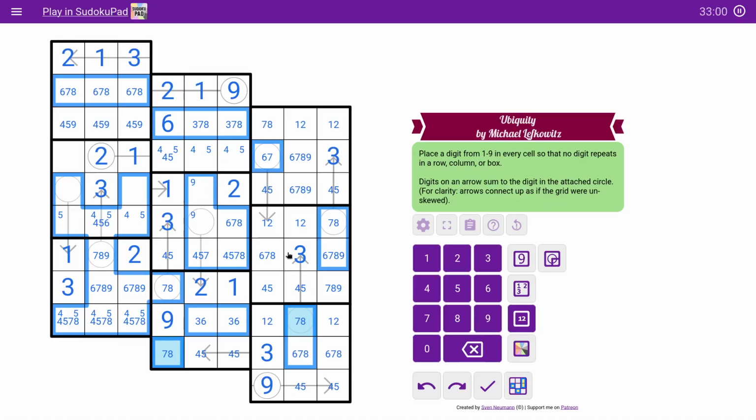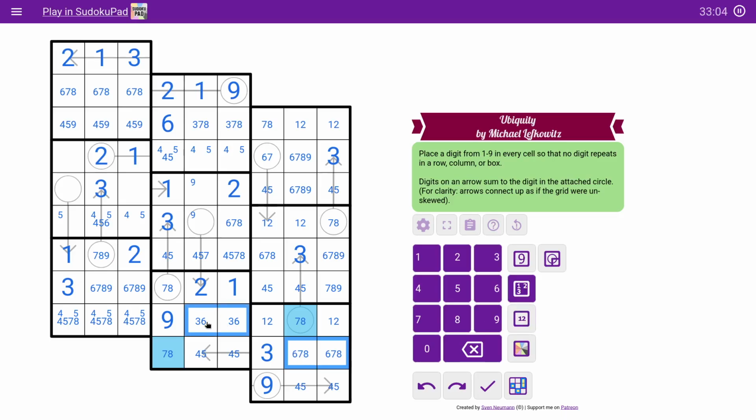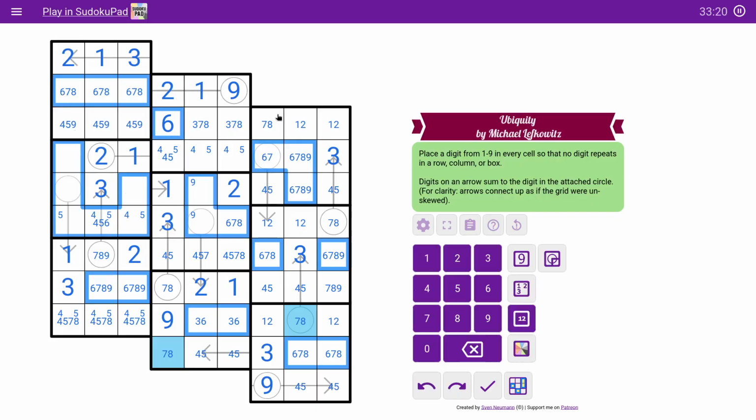Yeah, because we have 6 here, 6 here, 6 here, 6 here. But then it just falls apart. And I don't see a way to continue the cascade up.